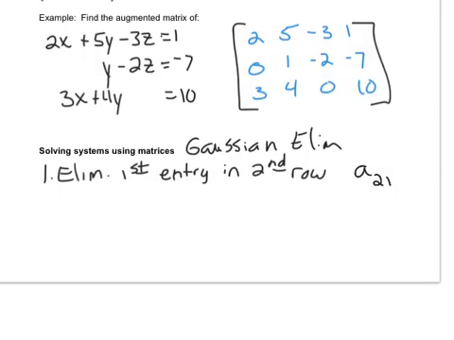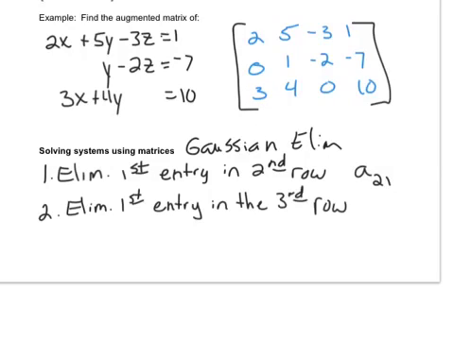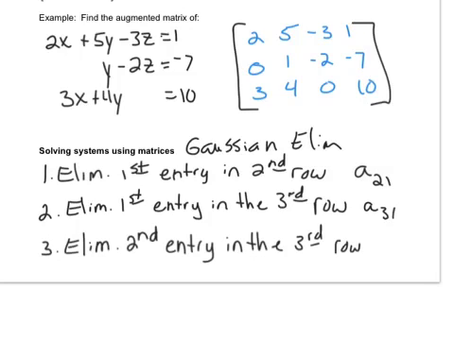If I'm looking at this example up here, that would be this guy right here. Next, I'm going to eliminate the first entry in the third row. That's going to be A31. Finally, I'm going to get rid of the second entry in the third row. That's this guy here, and that's A32.